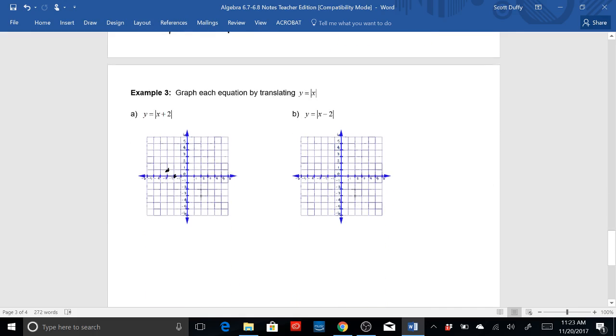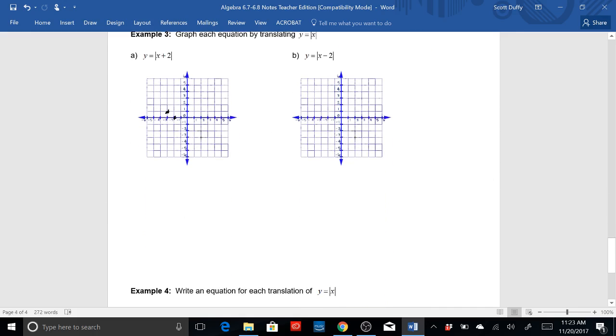Let's see what happens when we put x plus 2, the +2 inside the absolute value. So I have absolute value of x plus 2, which makes our y something. We'll see what it is. So let's use -3 again.